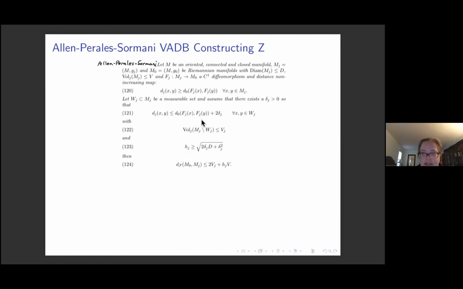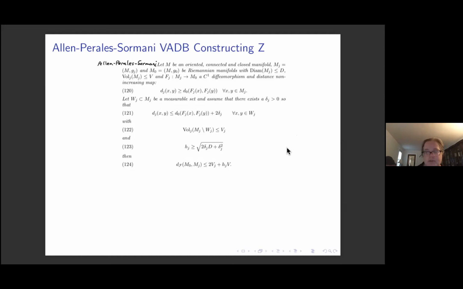We do have distances on both sides. We have the volumes less than or equal to VJ also, and we get the heights because we're going to actually literally construct a Z and we're going to use this height. This height is very similar to the one used with Sajjad Lakzian. And then we get the intrinsic flat distance will be less than or equal to twice this VJ. This is the extra piece, plus the HJV, which is like the volume of the V part.